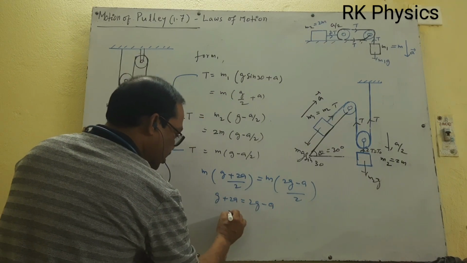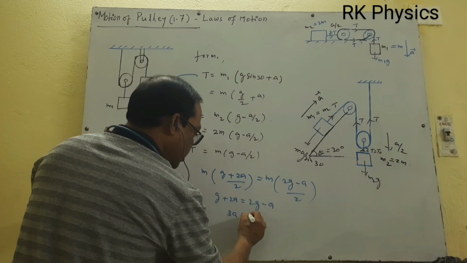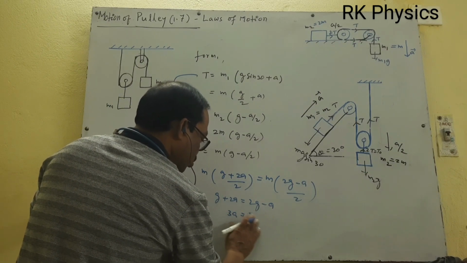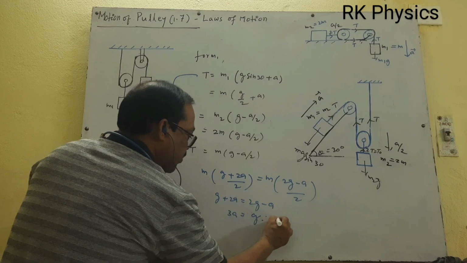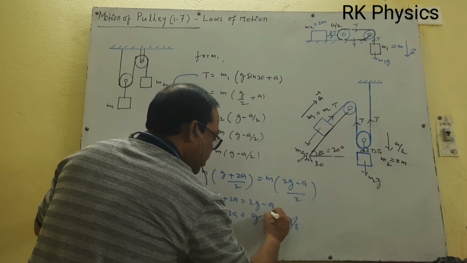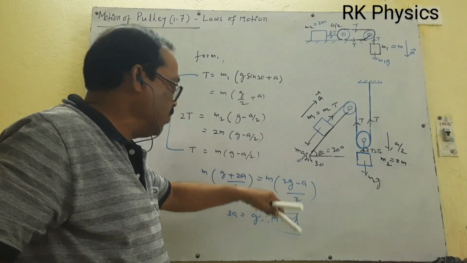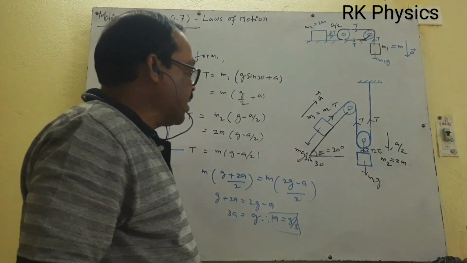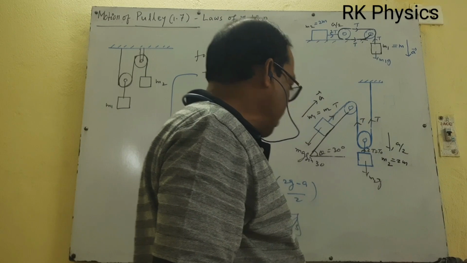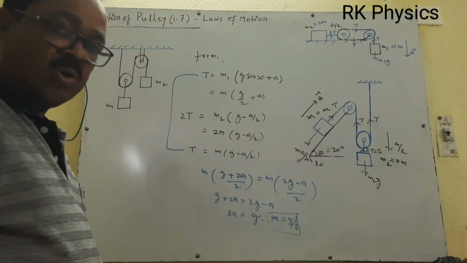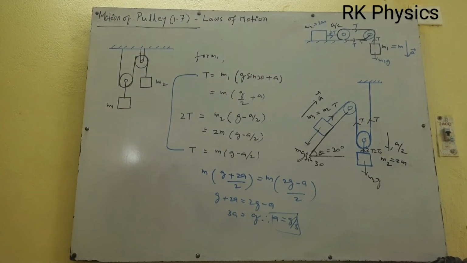You take A to this side and g to the other side, so A equal to g by 3. If the acceleration of M1 is g by 3, then automatically the acceleration of M2 is g by 6. In this way you can solve the problems.